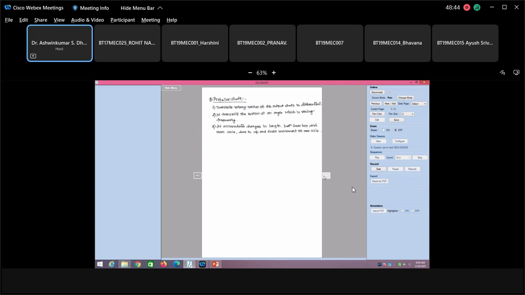So these are three important points the propeller shaft has to meet.